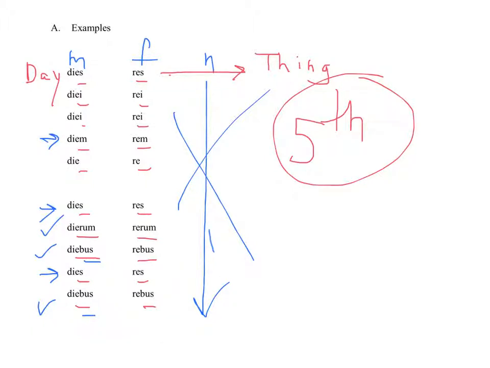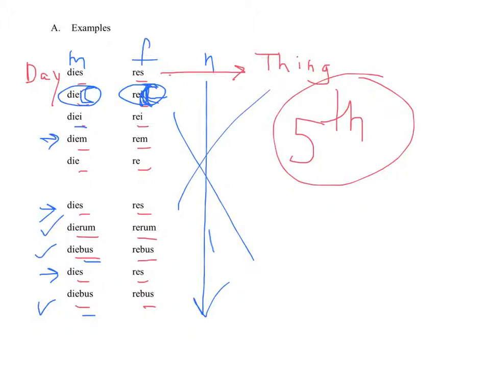You can see obviously that you follow the same pattern as you always do. You take the genitive and you drop the ending, which in this case is I. Once you drop off the I, you can see what the base is, or the theme, the stem, and then you can determine what you add.